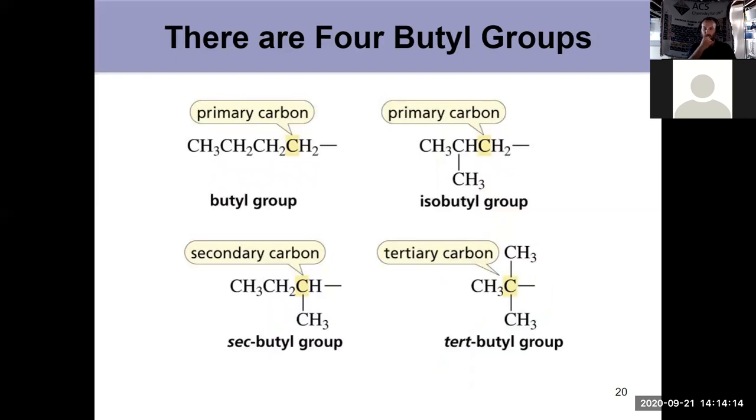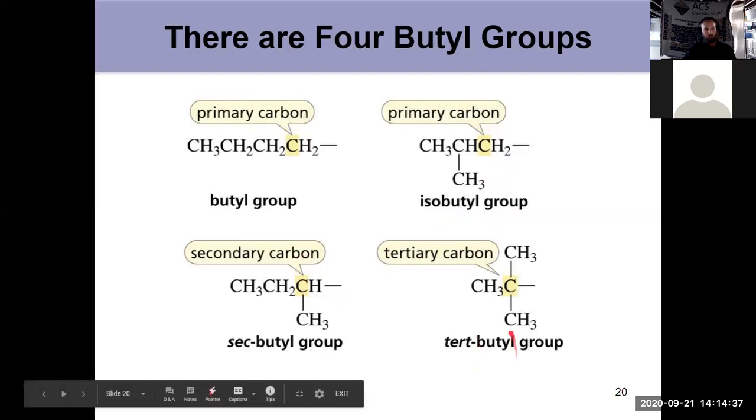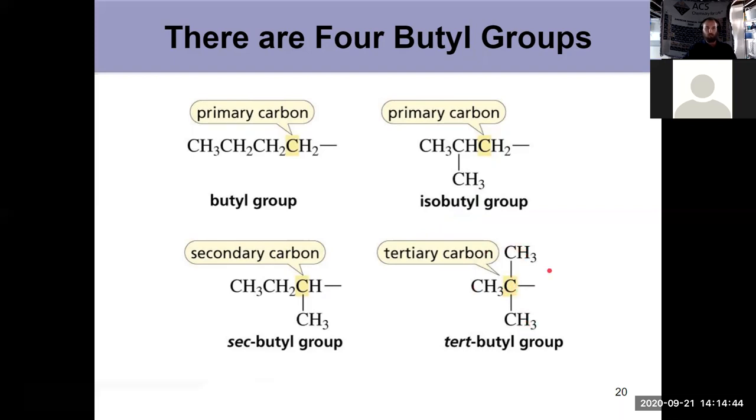And if I go from a propyl group to a butyl group now, there are 4 different ways that I can form a butyl group, right? Just pulling it off the end of butane, okay? Or I could have pulled it off the end of isobutane, or I could have pulled it off the middle of butane, or I could have had this other situation where I've got these 3 methyl groups bonded to a carbon and I plucked the hydrogen off the middle.